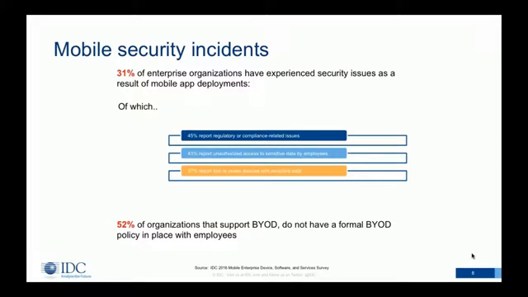Talking to enterprises, which we do a lot, and doing all the survey data that we do, we found from our most recent survey that about 31% of organizations experienced security issues as a result of their mobile application deployment. Of those, about 45% had challenges around regulatory issues and compliance.